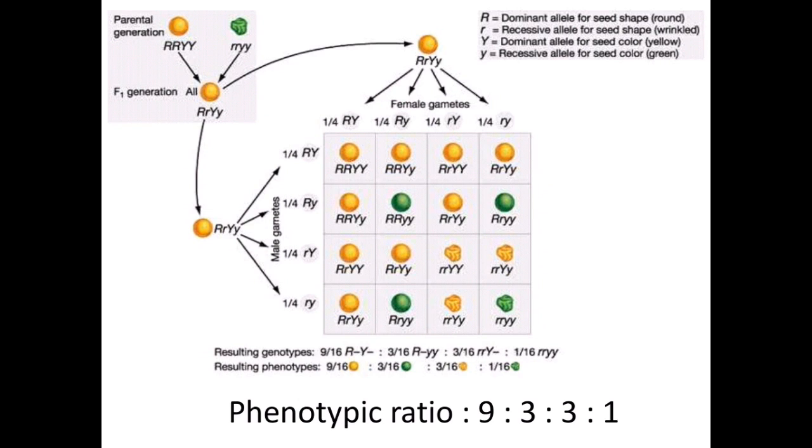In that, 9 and 1 have the parental features, and two new features are formed in the F2 generation. The two features are round green and wrinkled yellow, produced in the F2 generation.